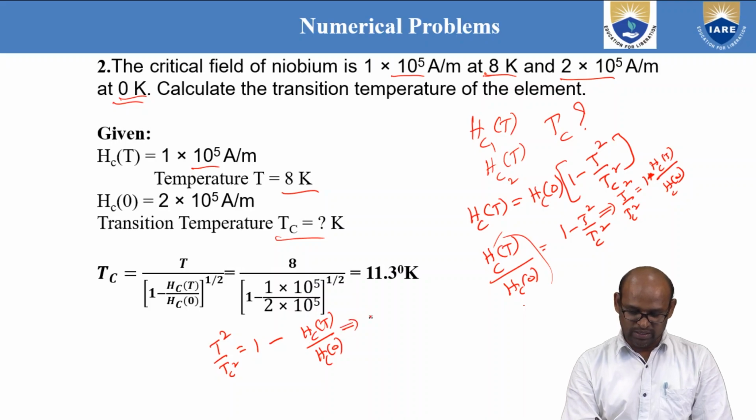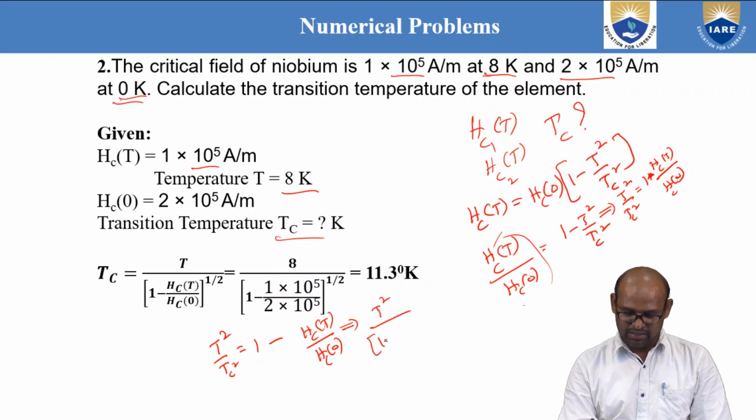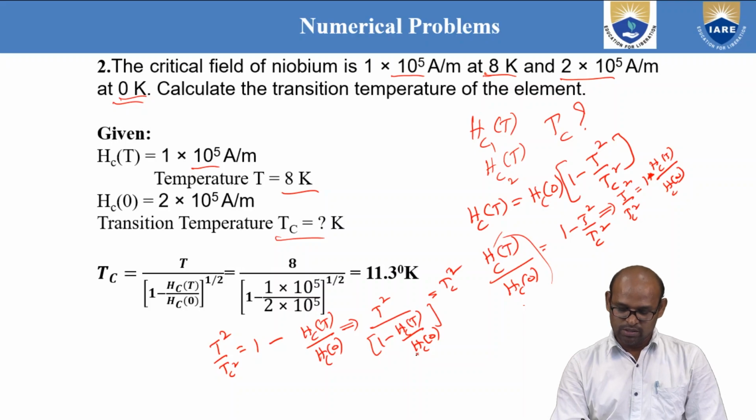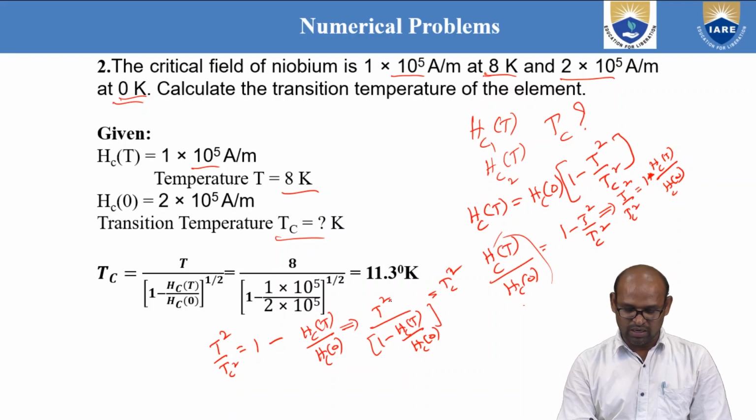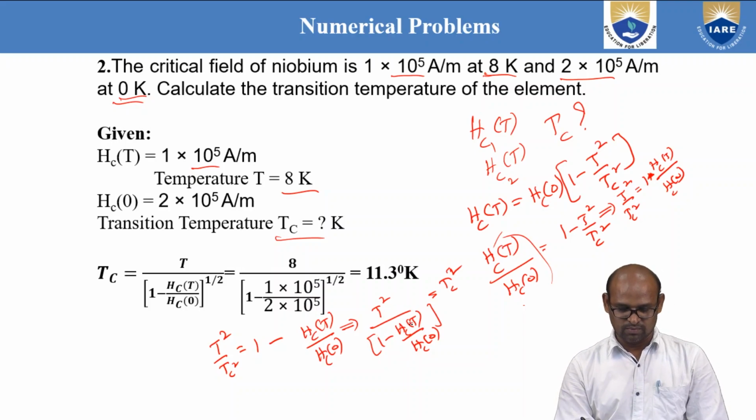Again we want Tc square, so T square divided by 1 minus Hc of T divided by Hc of 0 is equal to Tc square. So Tc will be the square root of this.